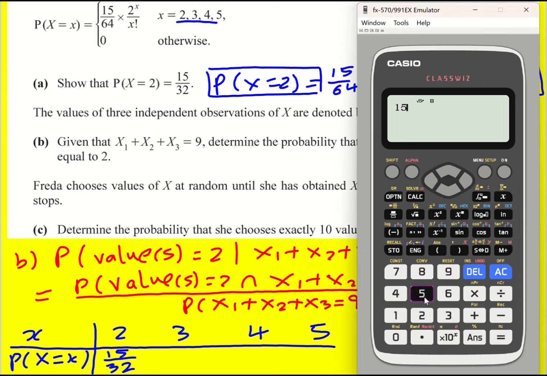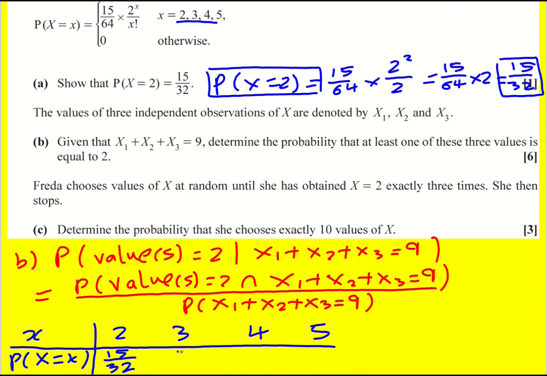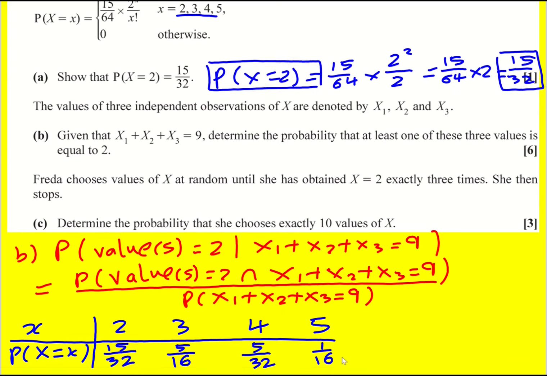It'd be 15 over 64 multiplied by 2 to the power 3 over 3 factorial, which gives 5 over 16. If you do the other two, you should get 5 over 32 and then 1 over 16. By the way, a little check is to sum these up and check that you get 1, and you will.